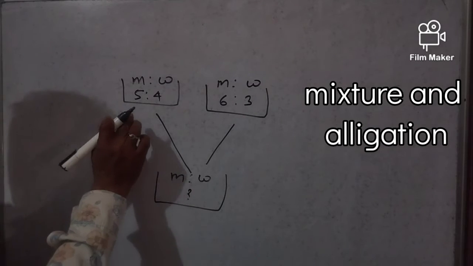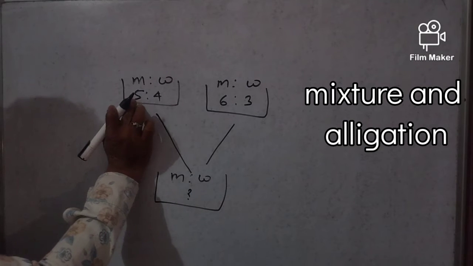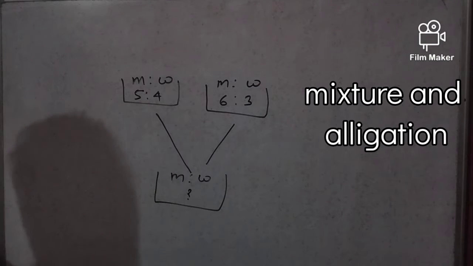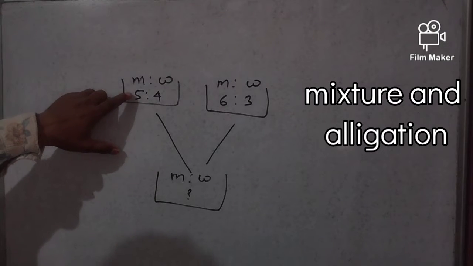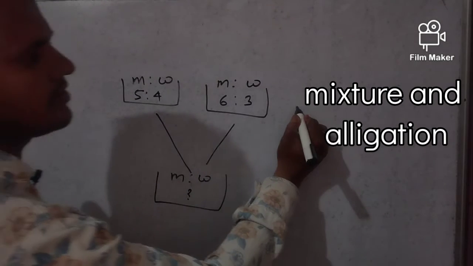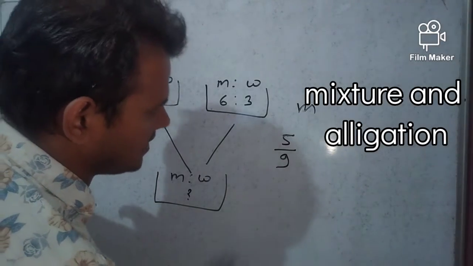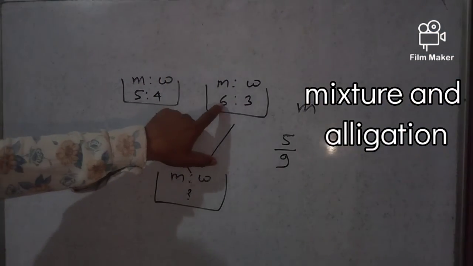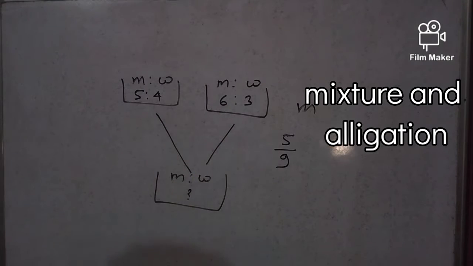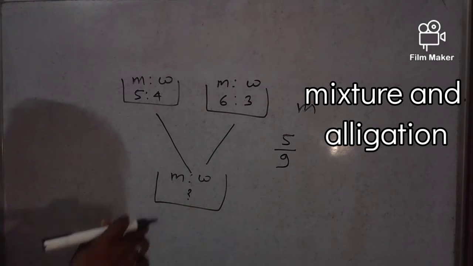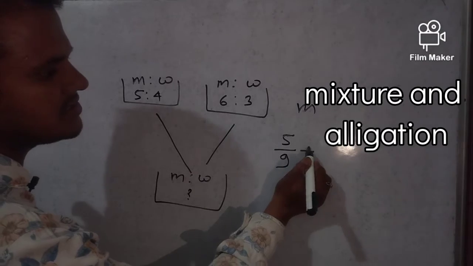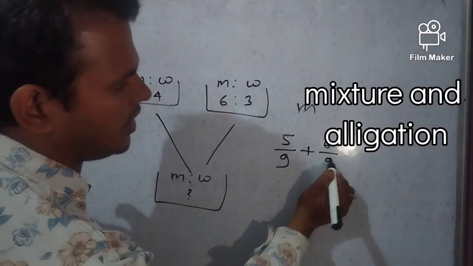First, 5 plus 4 in this container is 9 parts. So milk is 5 out of 9. In the second container, 6 plus 3 is 9 parts. So out of 9 parts, milk is 6, so 6 out of 9.